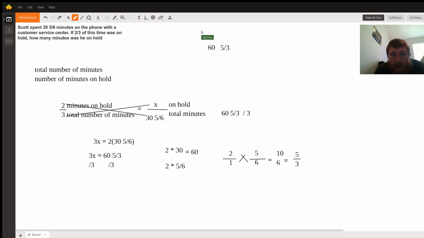What we do is we take our whole number and multiply it by the denominator. That would give us 180. And then we add whatever's in the numerator, 5. What we actually have here is 185 over 3, divided by 3.